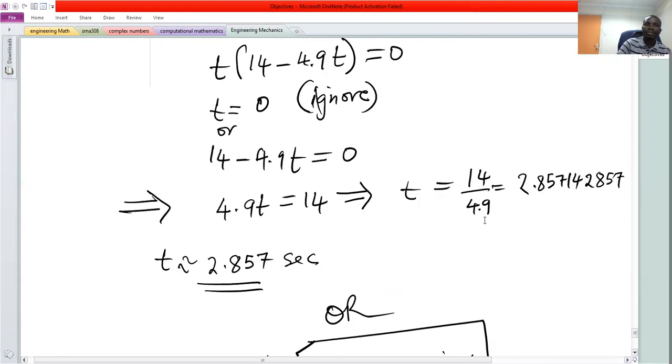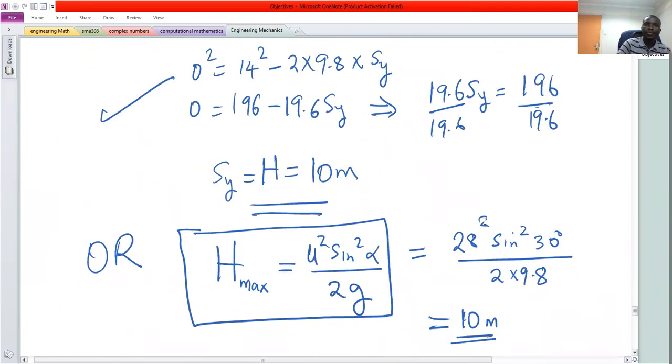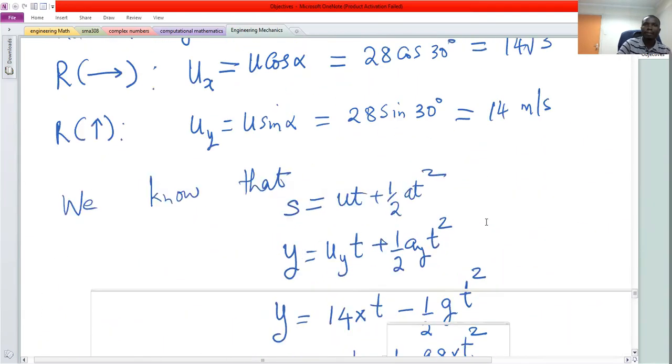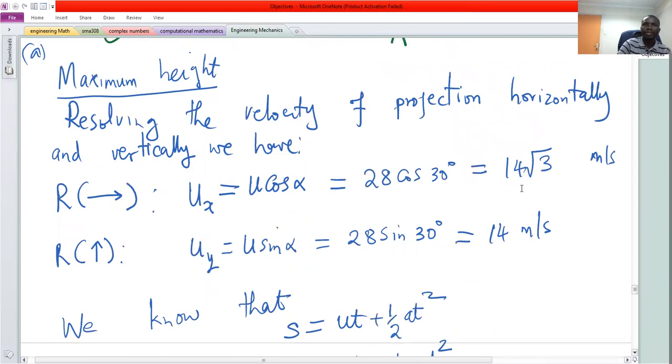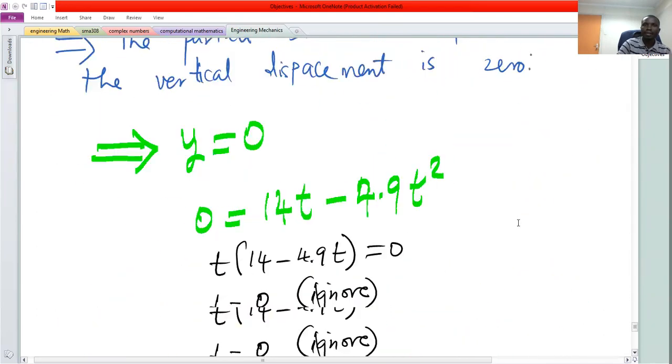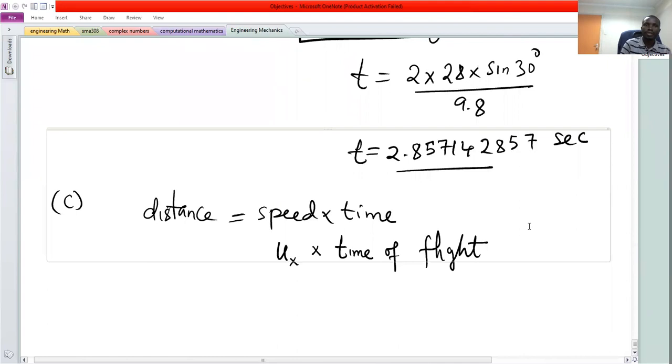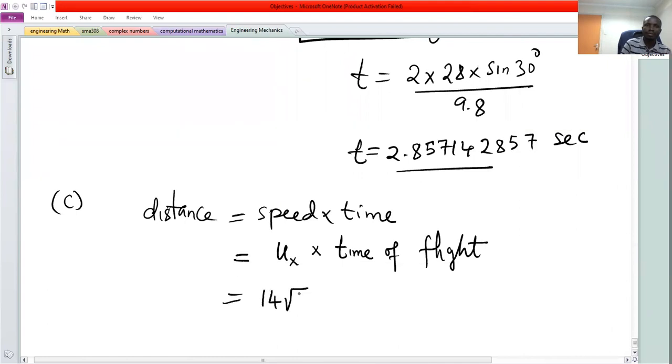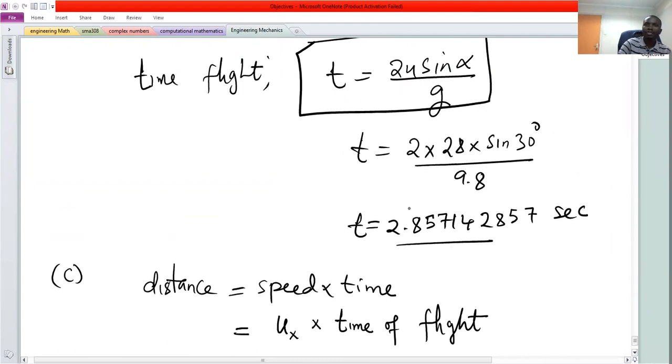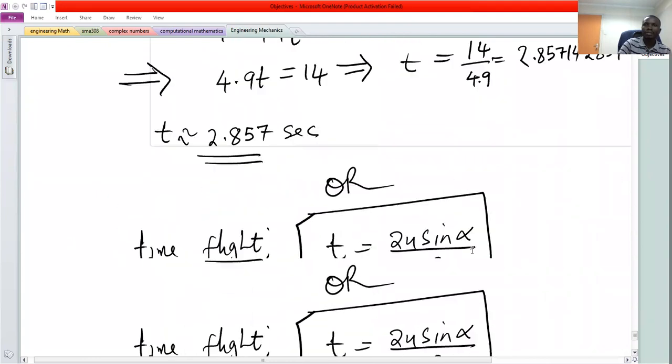And if you remember from our calculation, ux was 14√3. So we'll have 14√3 times the time of flight, where the exact value was 14 over 4.9.